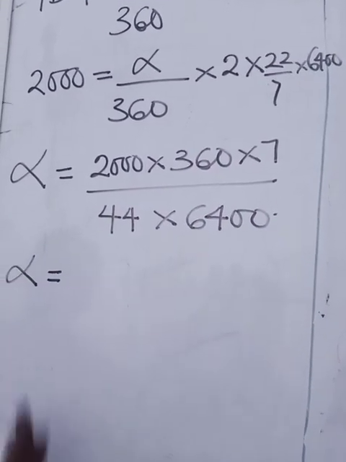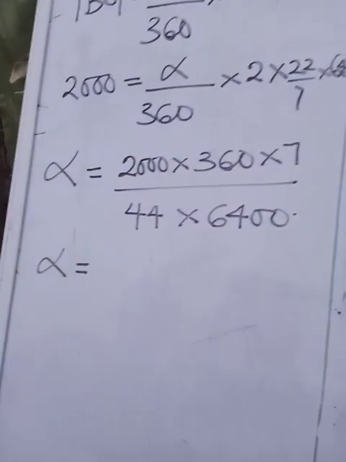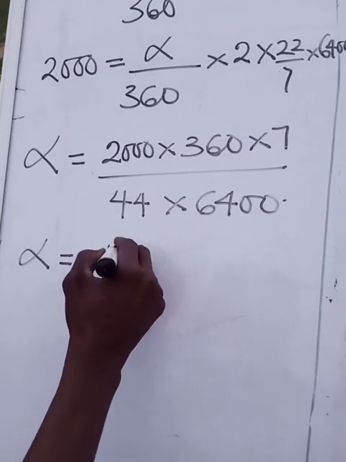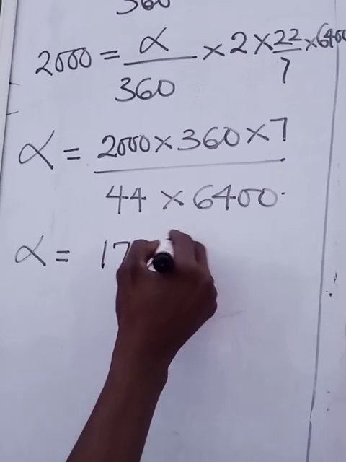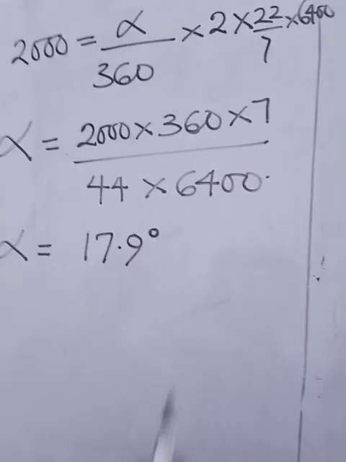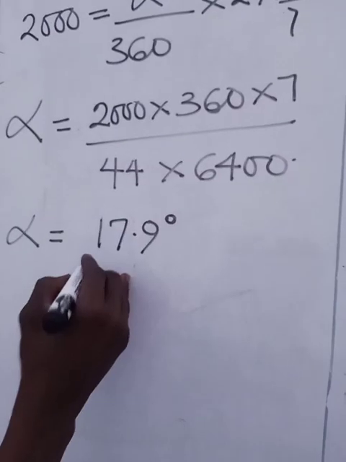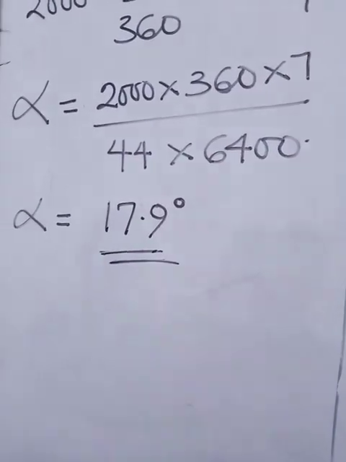If you calculate it now, you will get our alpha. When you multiply this and divide by 44 multiplied by 6,400, you get 17.9 degrees. So that's the alpha.